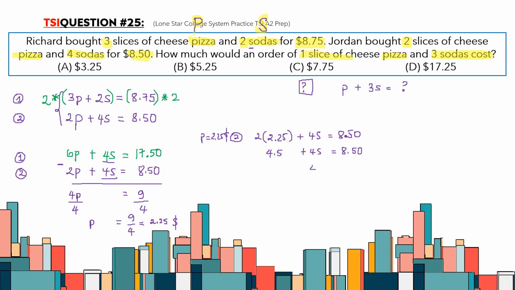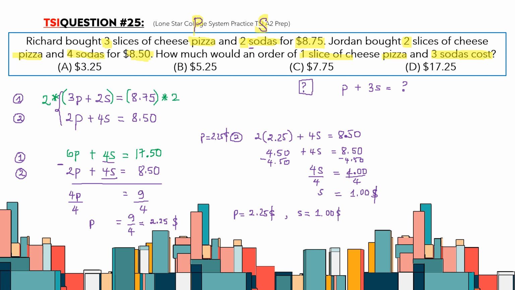Now 4S will be equal, we subtract 4.5 from both sides, and that makes $4 for 4 cans of soda. So one soda, we divide by 4, and each is $1. So now we have the cost of one slice of cheese pizza is $2.25, and the cost of one soda is $1.